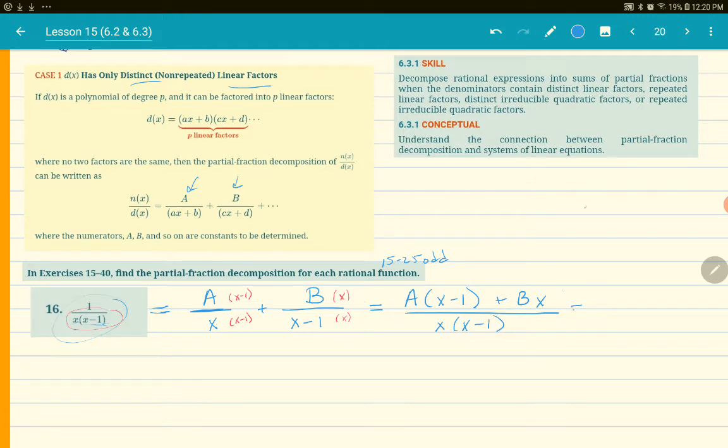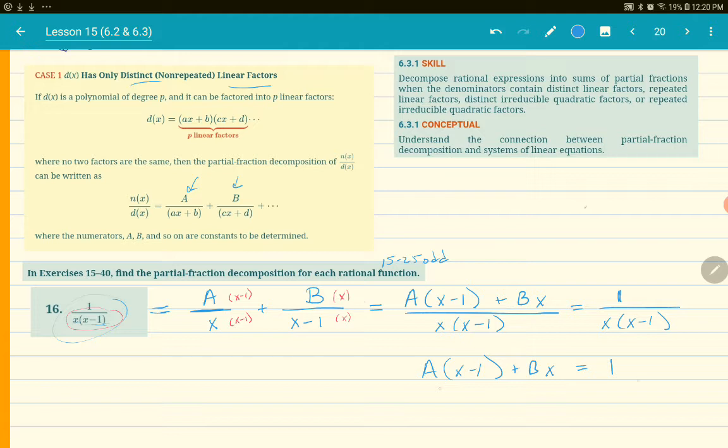And remember, that equaled our original thing, the 1 over x times x minus 1. So that means our numerators must be equal. So a times x minus 1 plus b x equals 1. Now let's try to solve for a and b.